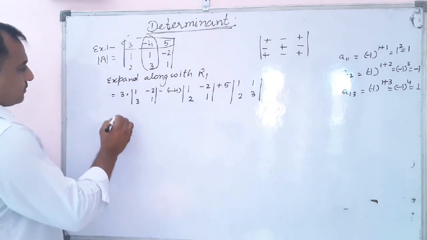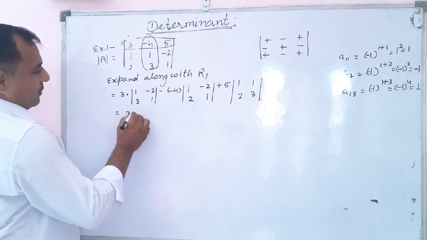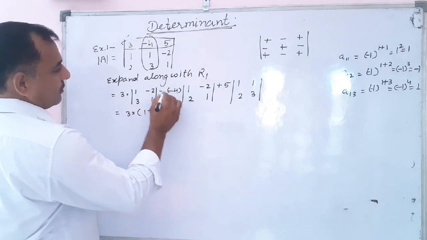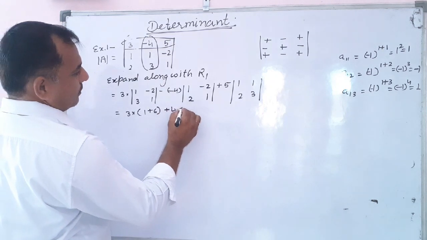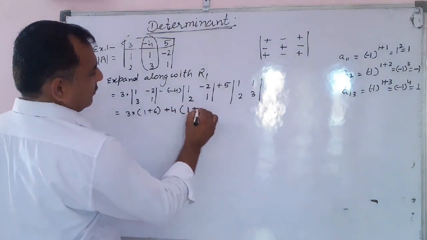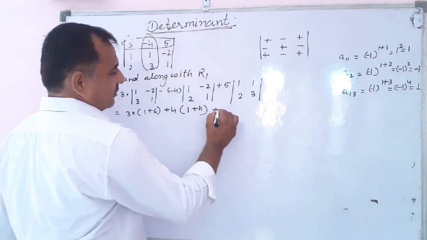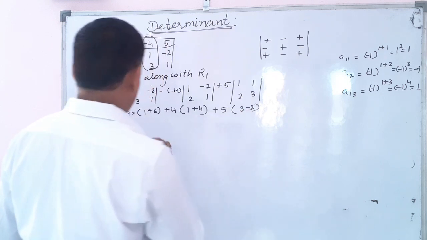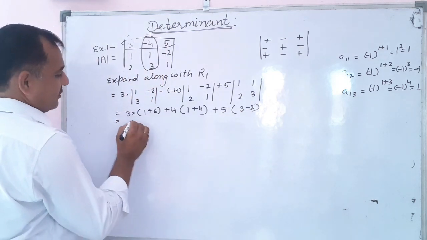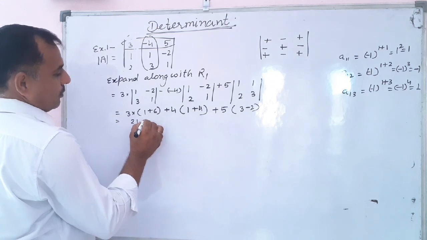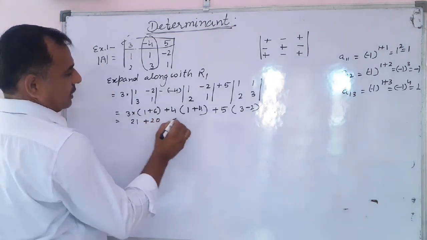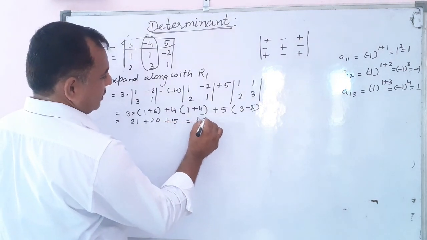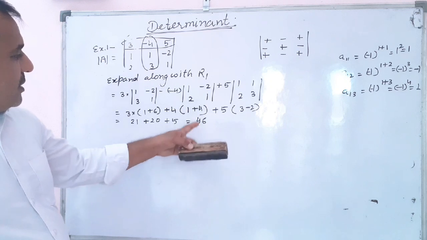So 3 into (1 plus 6), minus (-4) into (1 plus 4), plus 5 into (3 minus 2). 7 threes are 21, plus 5 fours are 20, plus 5, and the sum is 46. The value of the determinant is 46.